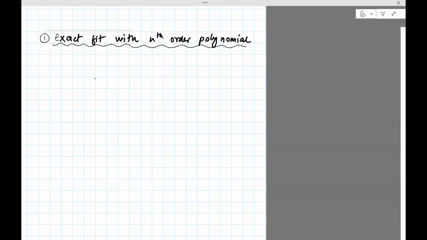Okay, so here's how we proceed. Given n plus 1 data points, so let's say x0, y0, x1, y1, and so on till xn, yn. Note that those are n plus 1 points because we started with the index 0.